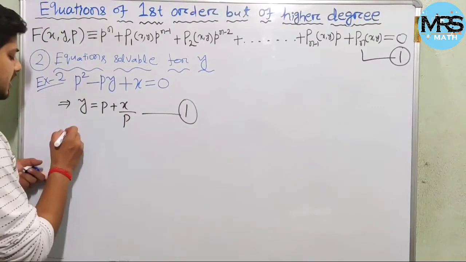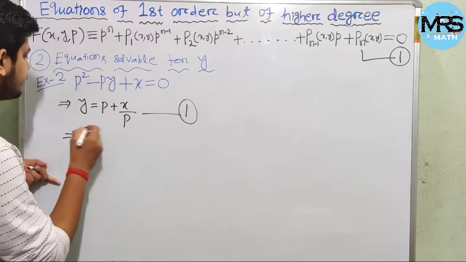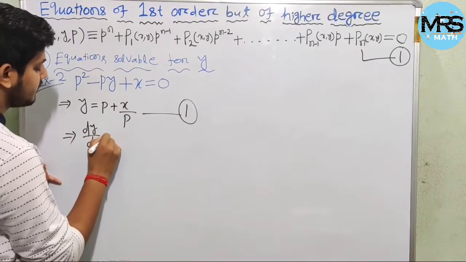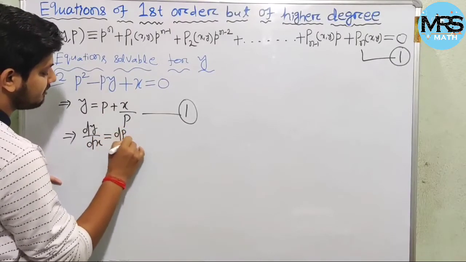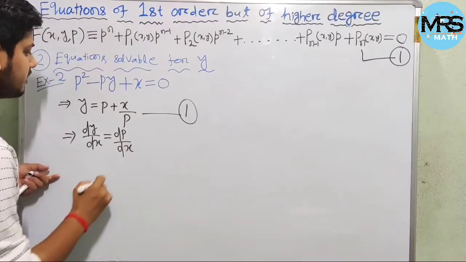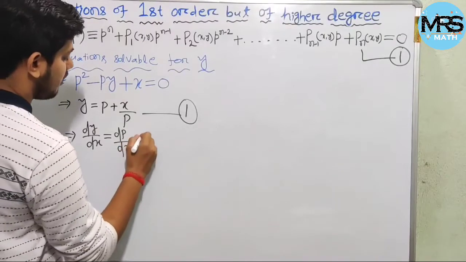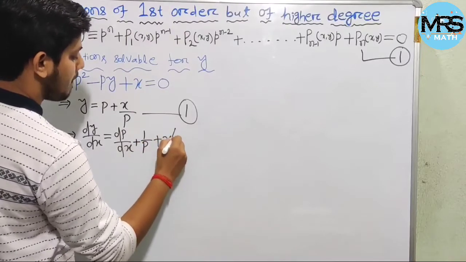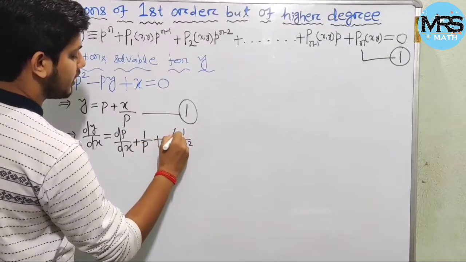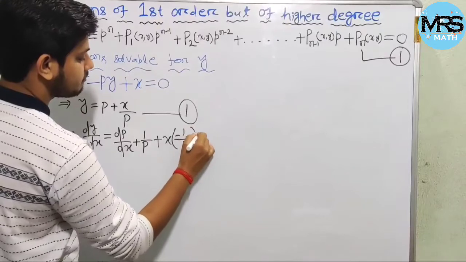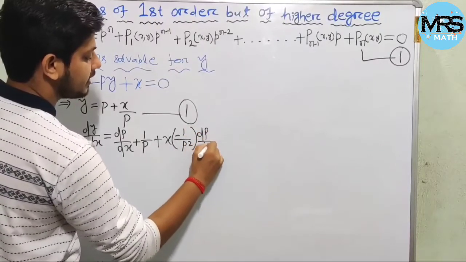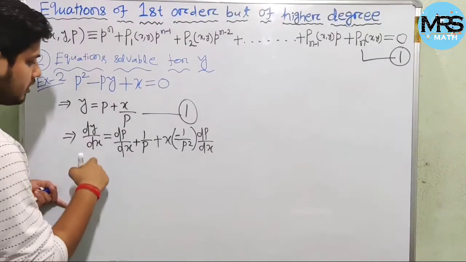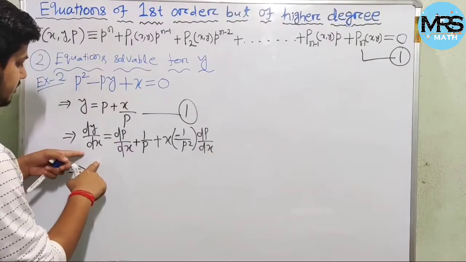Now, in a similar way, we have to do the differentiation with respect to x, that is dy over dx equal to dp by dx plus 1 by p, plus x into minus 1 by p square into dp by dx. Okay students, dy by dx is nothing but our p.